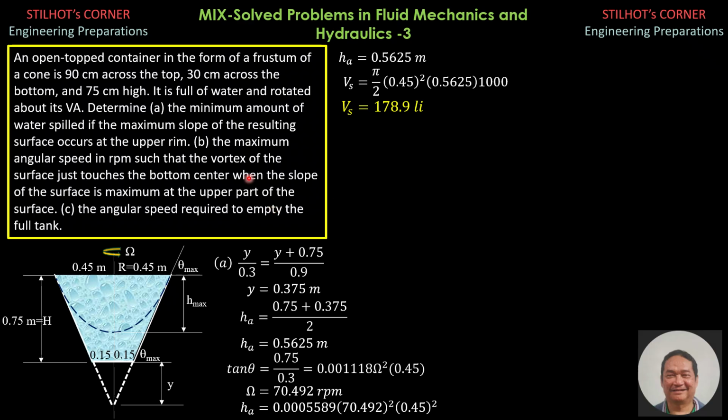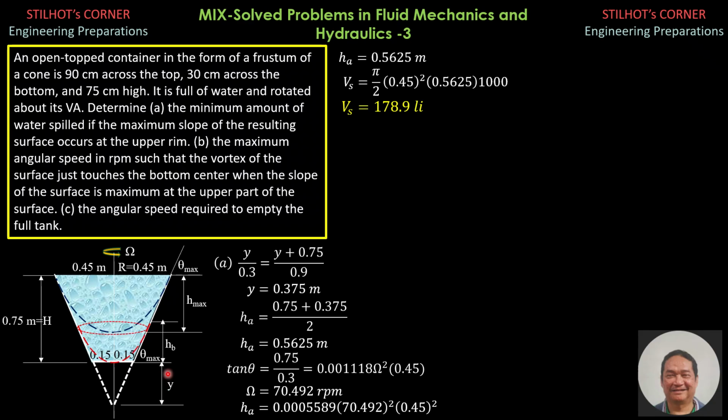Next, for part B, the maximum angular speed in RPM such that the vortex of the surface just touches the bottom center when the slope of the surface is maximum at the upper part of the surface. So let's draw another figure here where the vortex touches the bottom like that.